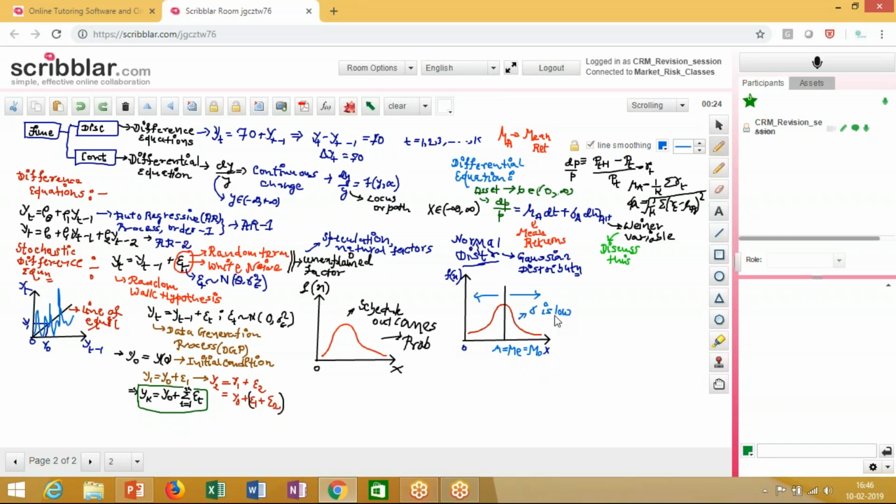Let's say I have a line over here. This is the part where I'm trying to connect the symmetric distribution to the concept of white noise.